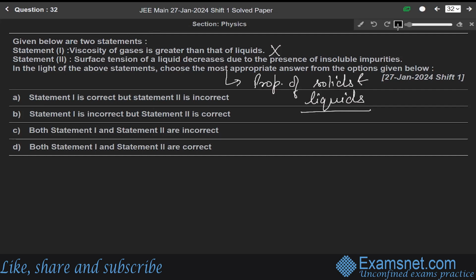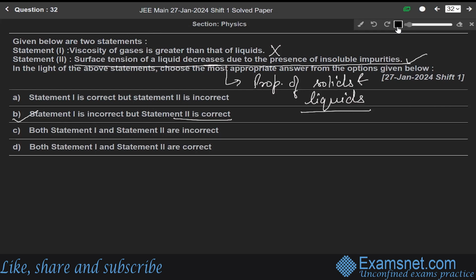This statement is correct. For example, if we take a detergent surface, due to the insoluble impurities, the tension decreases. So the correct answer is option B. Statement 1 is incorrect, but statement 2 is correct.